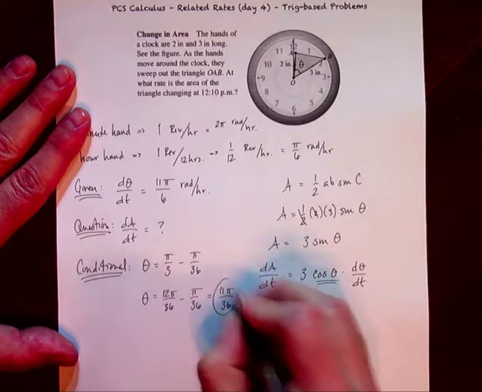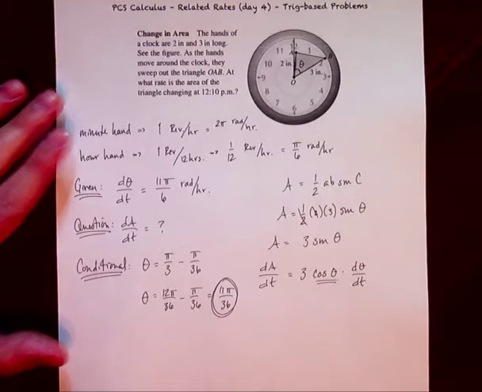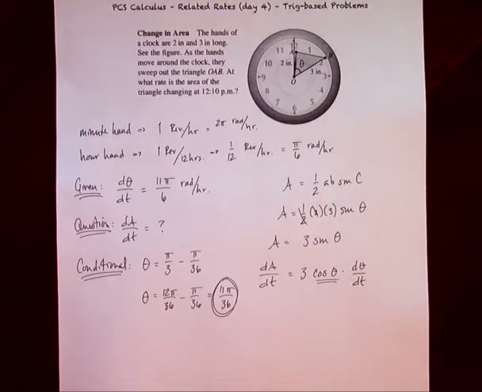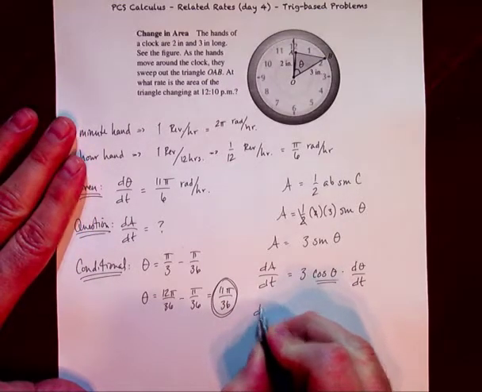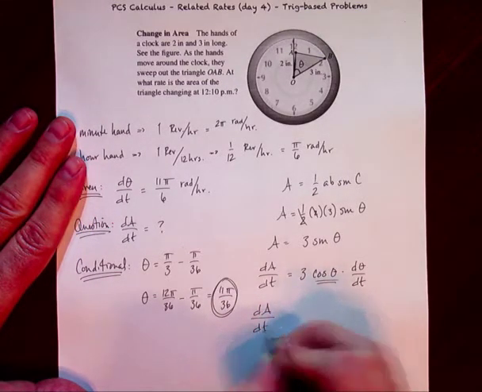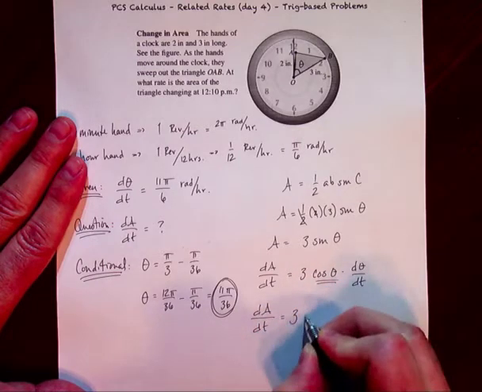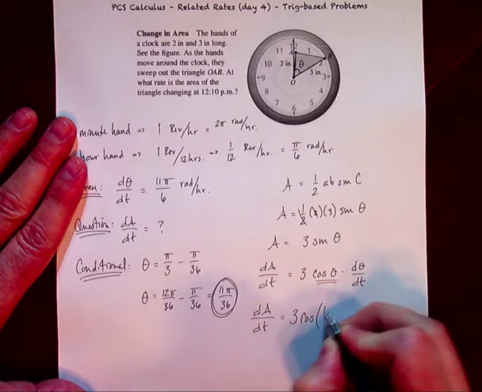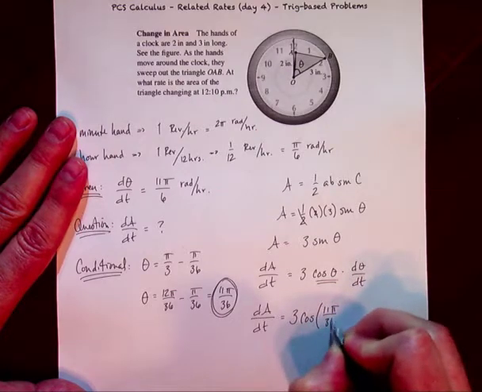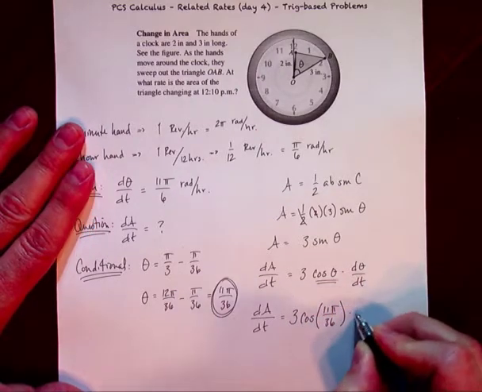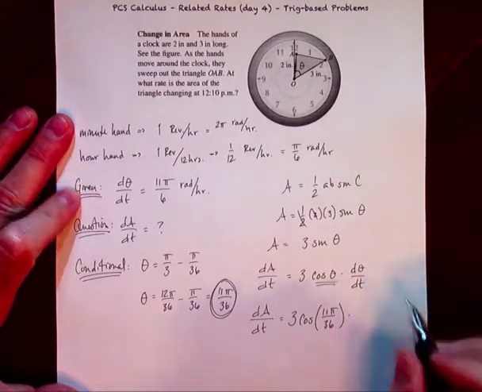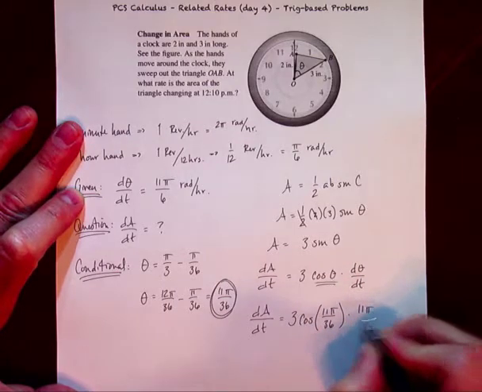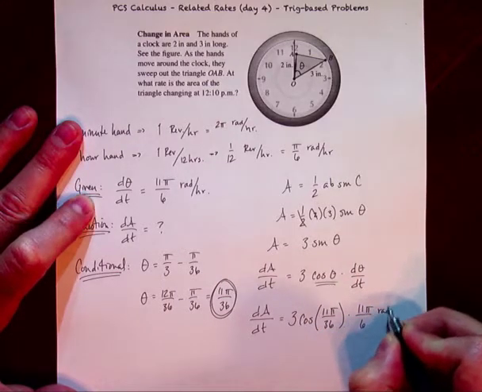That is the theta value, which should make sense because it's just a little bit less than 1/6 of a revolution, right? So from here, we know that dA dt is equal to 3 cosine 11 pi over 36 times d theta dt, and our d theta dt is 11 pi over 6 radians per hour.